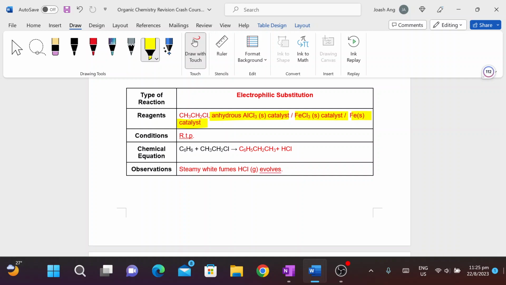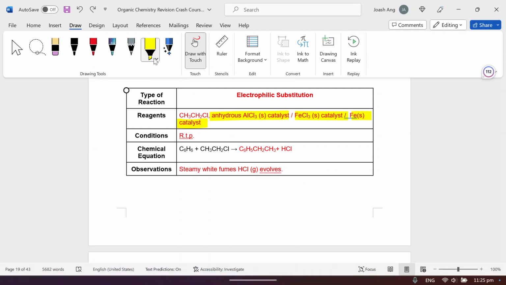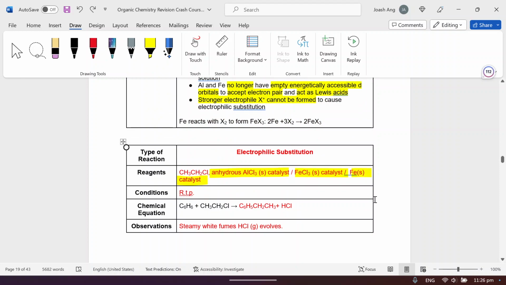FYI, Fe catalyst can be used. Actually, for this case, I would say Fe catalyst is not recommended.